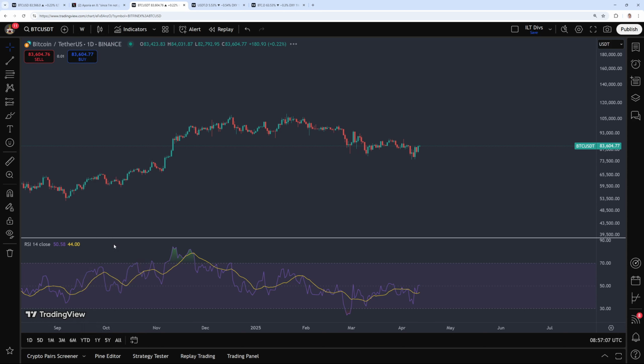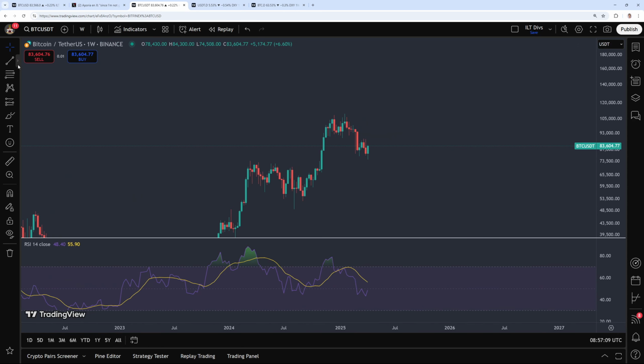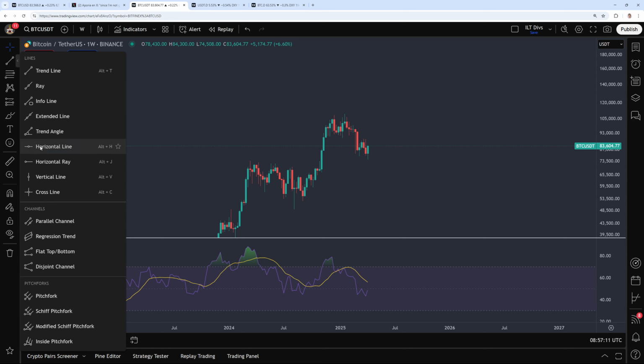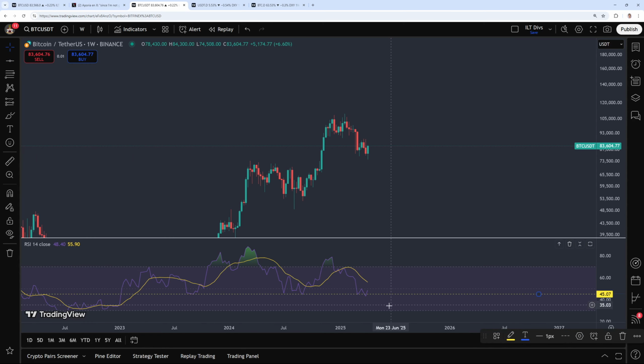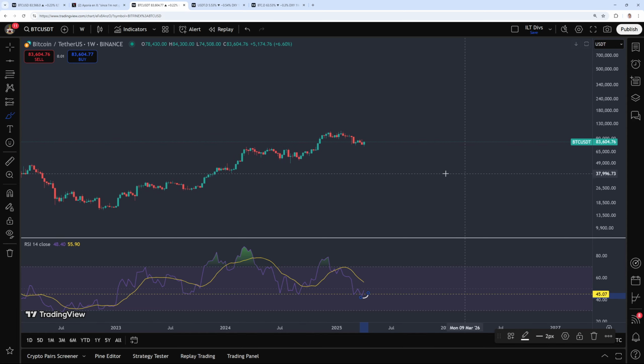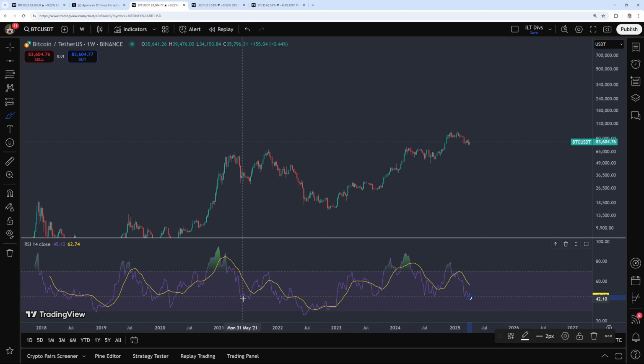If we go to the weekly, there's still much work to do. But again, for now, this has been reclaimed, and this could just be a fake out, right? This is kind of the same fake out as in 2021. Continuation in summer, continuation here.